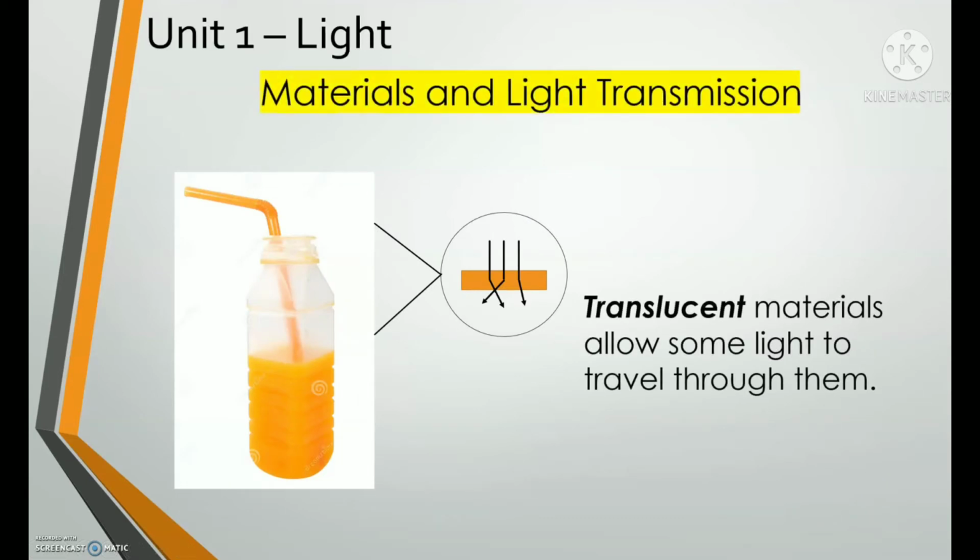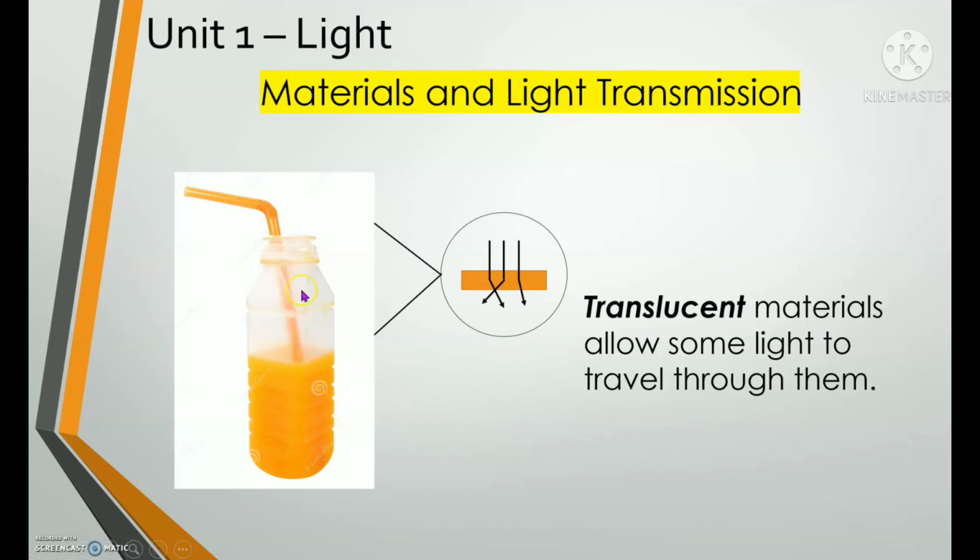The next one is the translucent. Everybody repeat after me. Translucent. Translucent materials allow some light to travel through them. Very good. So our example picture here is a plastic bottle of orange juice.